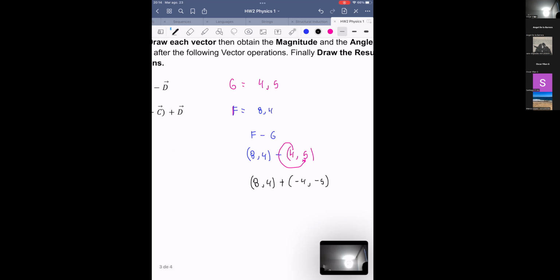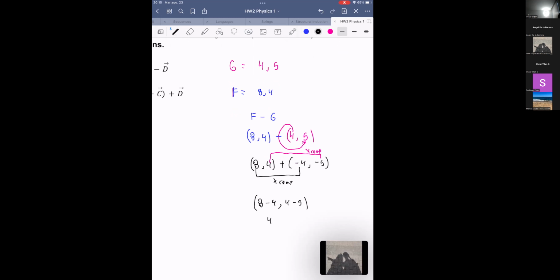And then you will have to do x components with x components and y components with y components. So it's going to be 8 minus 4, and this is going to be 4 minus 5. So it's going to be 4, comma 1. It's minus 1, yes. Sorry, I didn't see it.